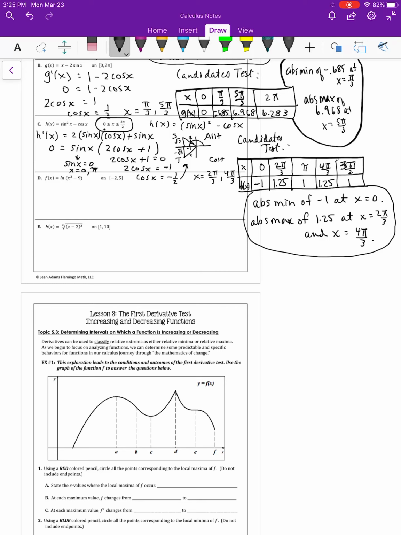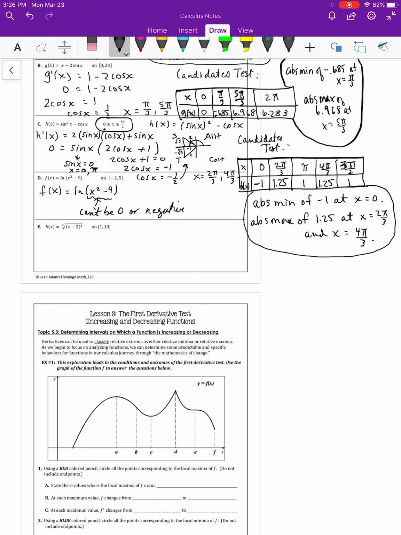And letter D, we've got f of x equals ln of x squared minus 9. So now, think about this before we go any further. If you had this function, you know that this whole thing can't be 0, because you can't take the natural log of 0, and it can't be negative.